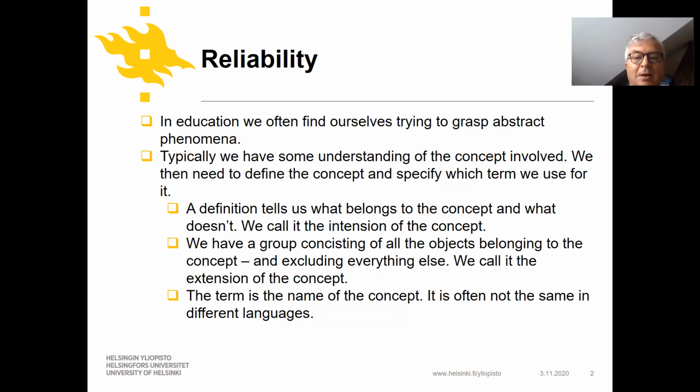But the definition, by definition, is a very simple and useful thing. It tells us which items or things belong to a concept and which do not. So that is an essential divider, all things that belong to the concept, all things that don't. The borderline is defined by the definition.